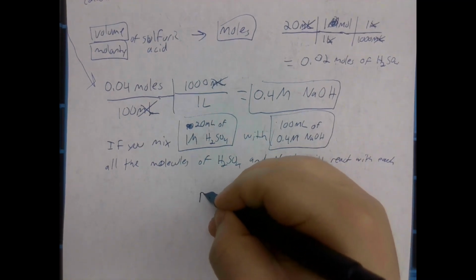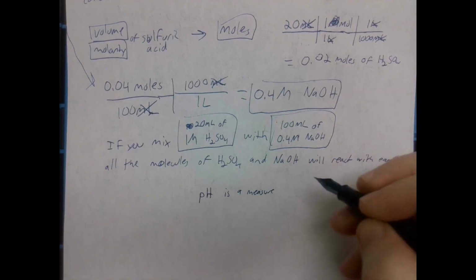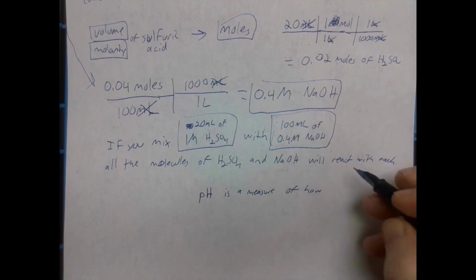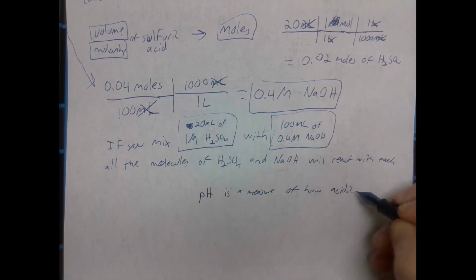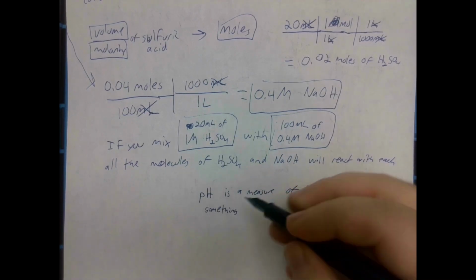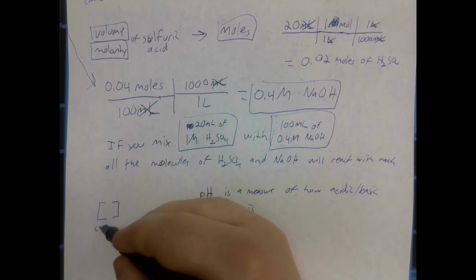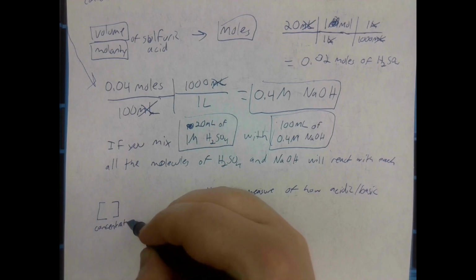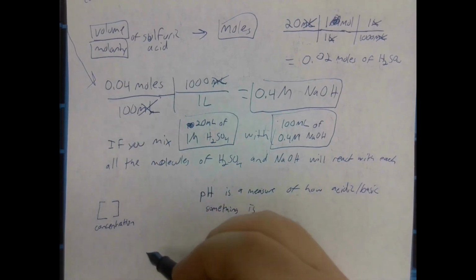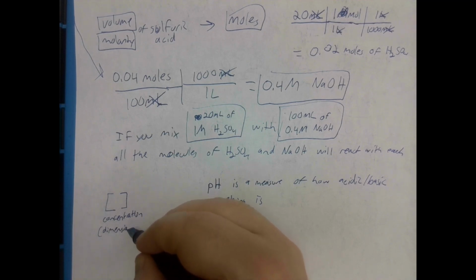We also talked about pH. pH is a measure of how acidic or basic something is. The symbol brackets refer to concentration. They're also used for dimensions in mathematics.